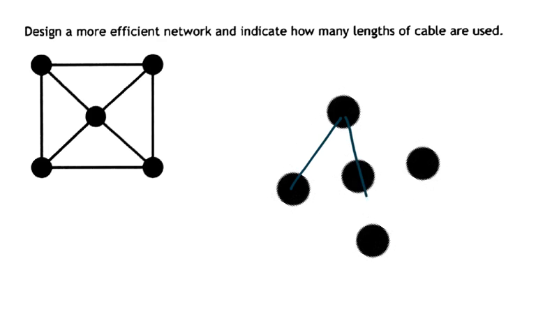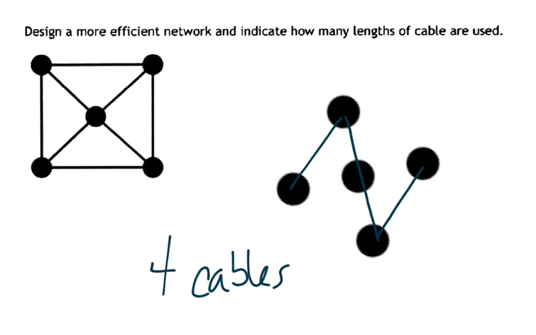We have these 2, and then if we just keep going, we go all the way across. And then now we have all 5 offices connected, so you can get to any of these 5 offices running cable in this pattern. So here there's going to be 4 cables used, as opposed to the earlier 8 cables.